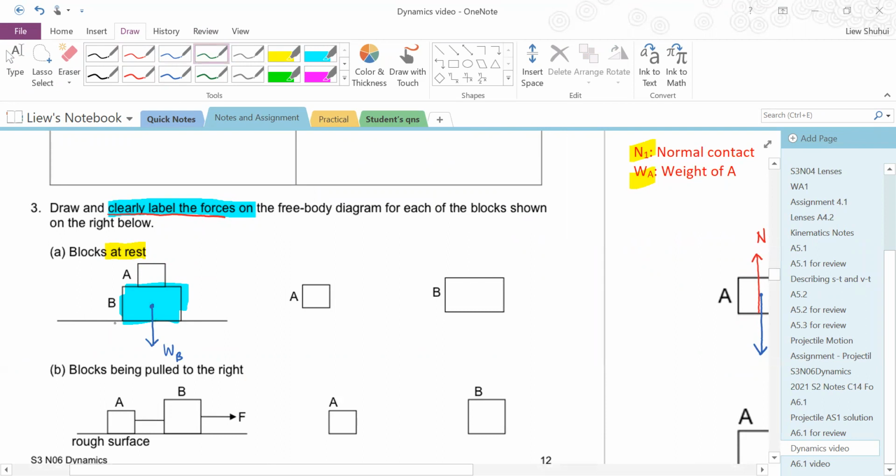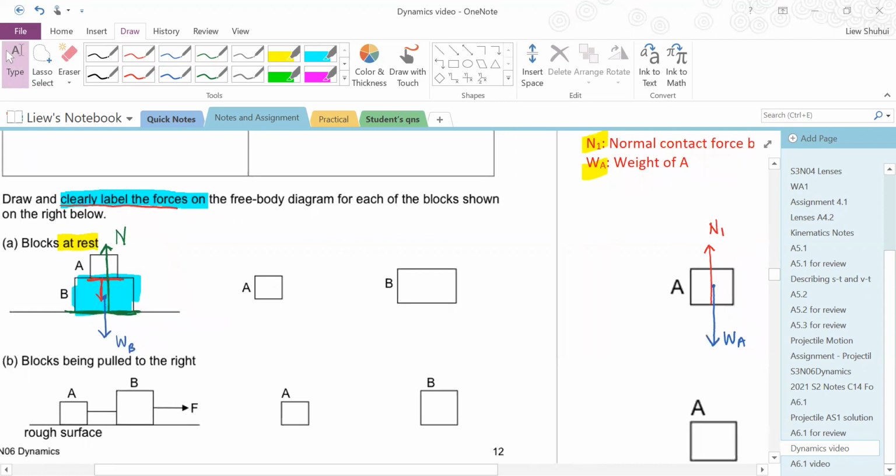And because it's in contact with the surface, there'll be a normal contact force away from the surface, pointing towards B. At the same time, it's also in contact with body A. This is a contact surface, so you draw a normal contact force away from that contact surface towards the body. It's in this direction.